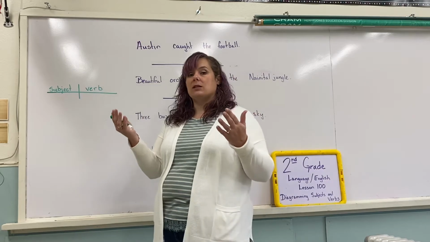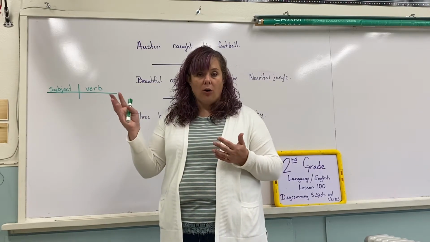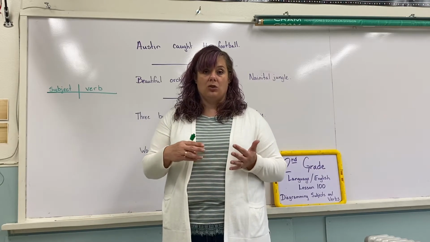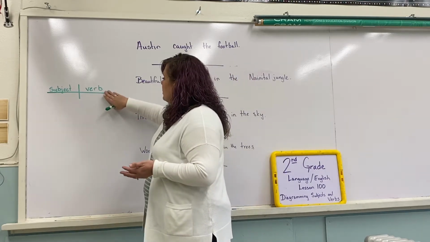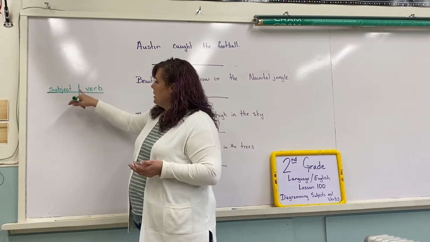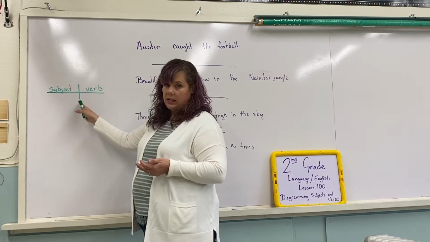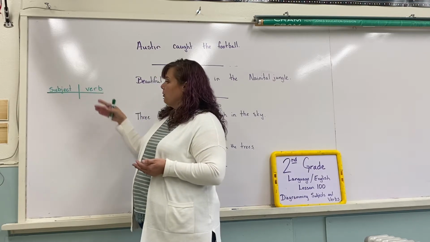When you get to higher grades, you'll learn how to put all the words in a sentence into a diagram, but right now we're just doing the subject and the verb. So you take your sentence, you find out what your subject is and what your verb is. Your subject, you put on a line with our line down the middle like we've been doing. Your subject goes on the left and your verb goes on the right.